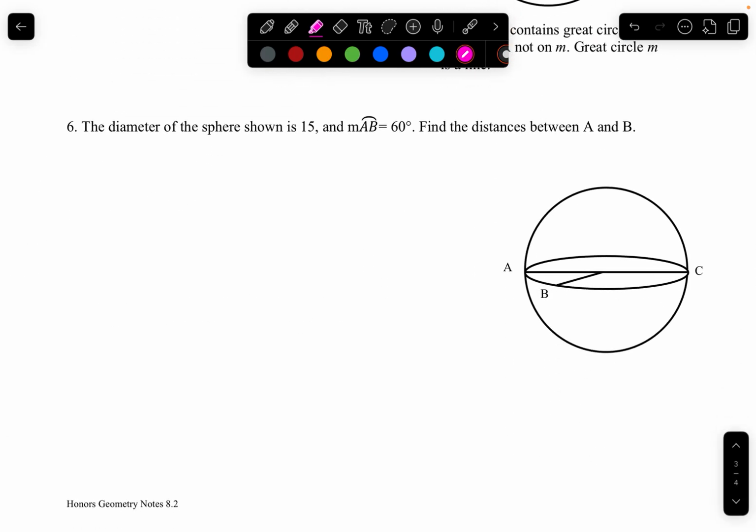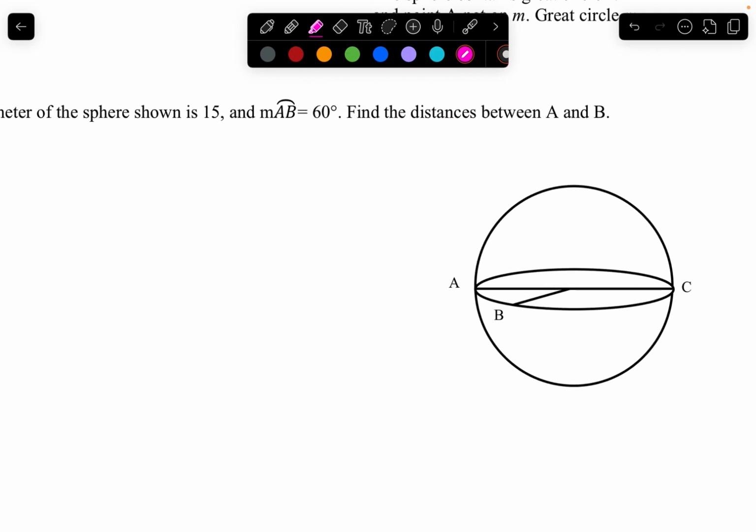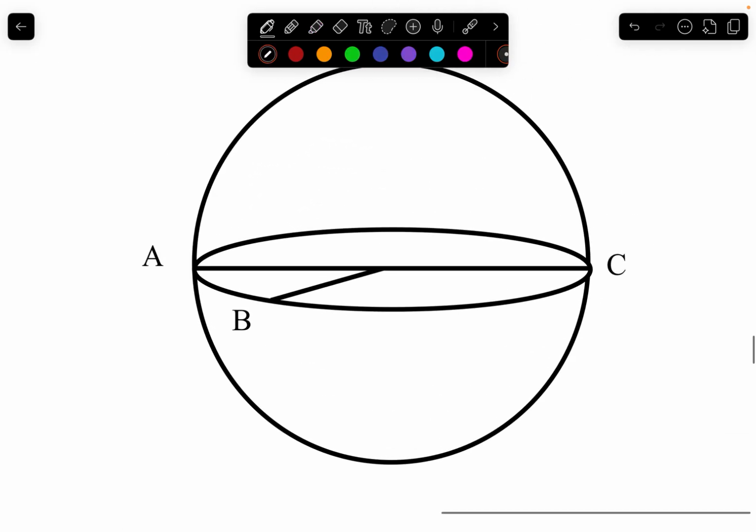So number 6, it says the diameter of the sphere shown is 15 and the measure of arc AB is 60. Now, it says find the distances between A and B. So it tells me that the diameter is 15. So that means that from point A to point C, that is a diameter of 15, which means that if I'm looking at the radius, that's going to be 7.5.